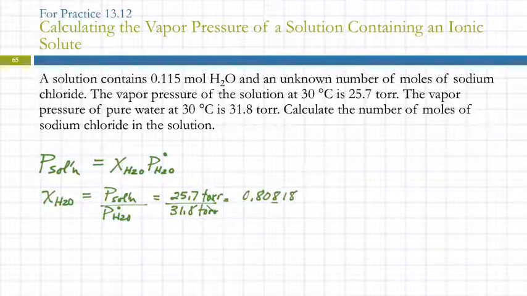Well, we want the moles of sodium chloride. So this mole fraction of water equals the moles of water divided by the moles of water plus the moles of sodium chloride. Right?